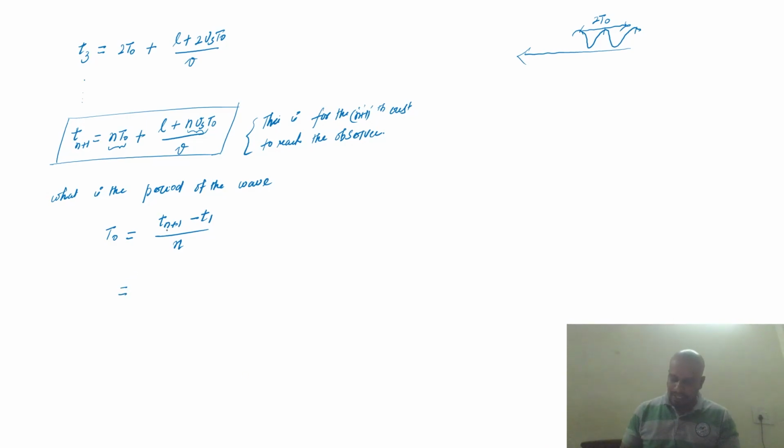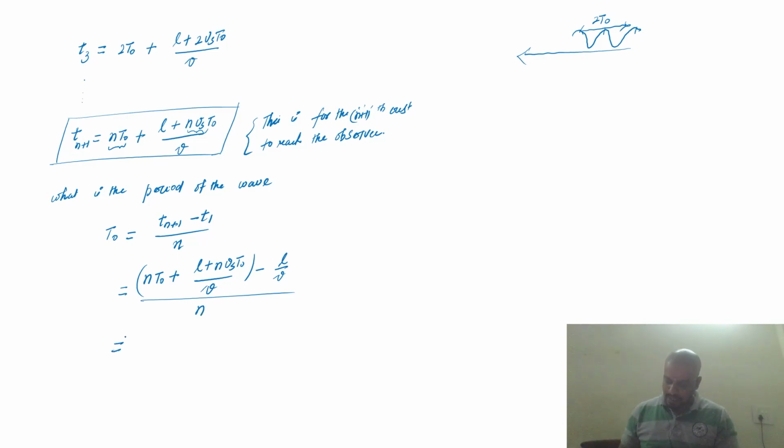Already we know that T(n+1) is equal to n t naught plus L plus n Vs t naught, divided by V, minus the T1, which is nothing but L by V, all divided by n.